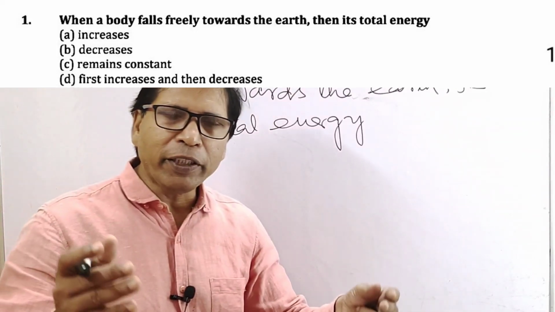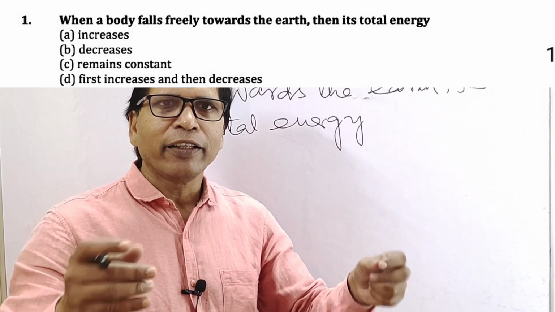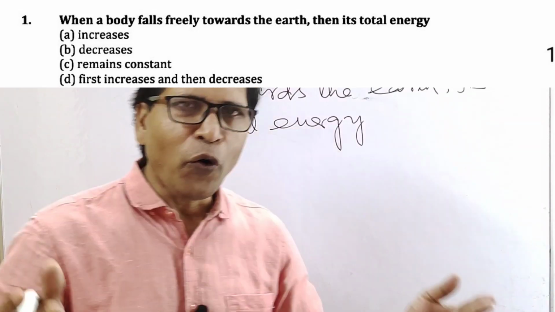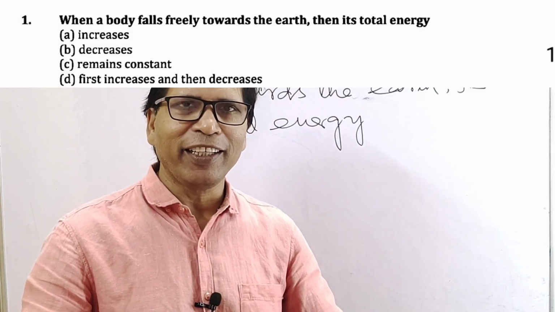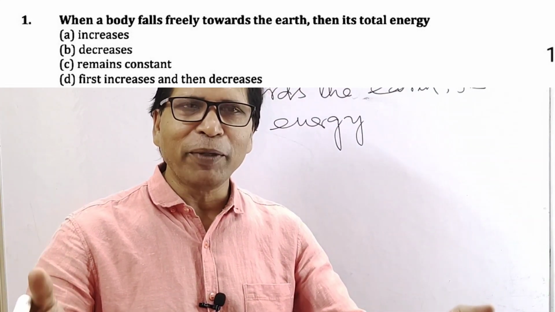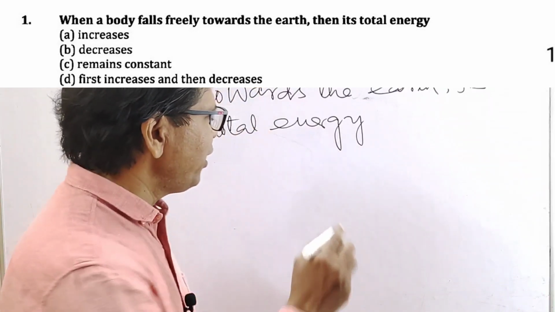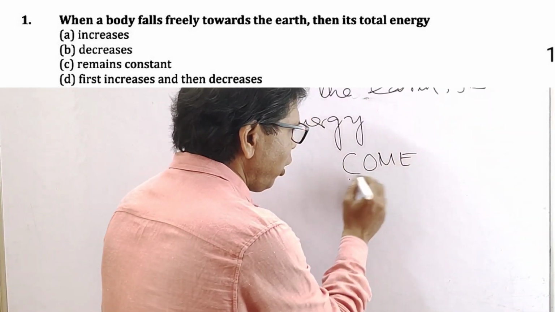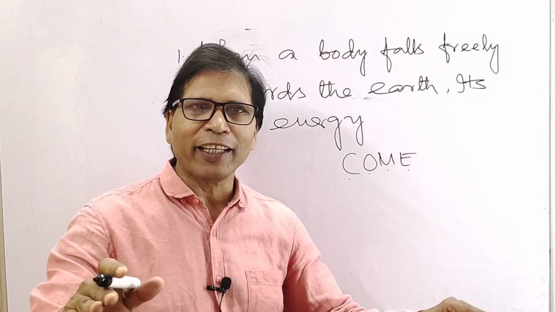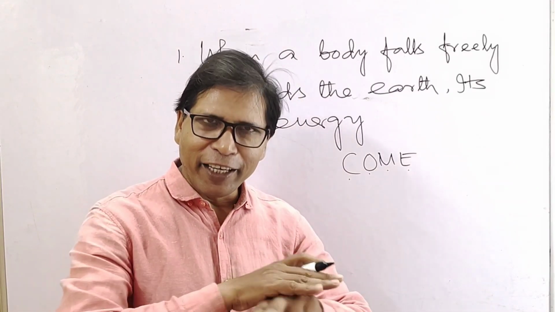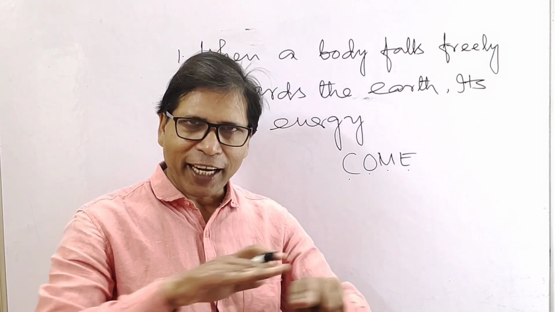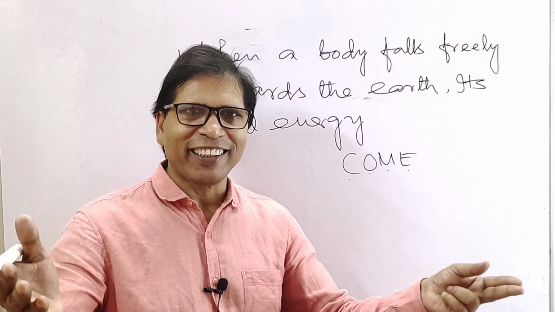From conservation of mechanical energy, the mechanical energy of the body remains constant. When a body falls under gravity, it obeys the conservation of mechanical energy. This is known as COME, conservation of mechanical energy. So its mechanical energy remains conserved, that is, the sum of potential energy plus kinetic energy is constant.